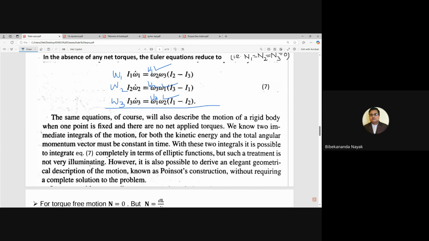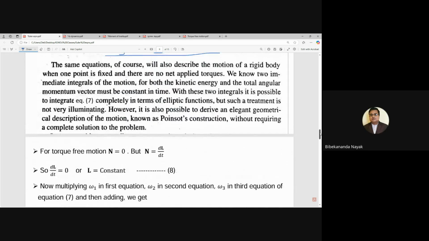All are omega 1, omega 2, omega 3. See, all are same. If I take common, then it will be I2 minus I3 plus I3 minus I1 plus I1 minus I2, so result will be 0.